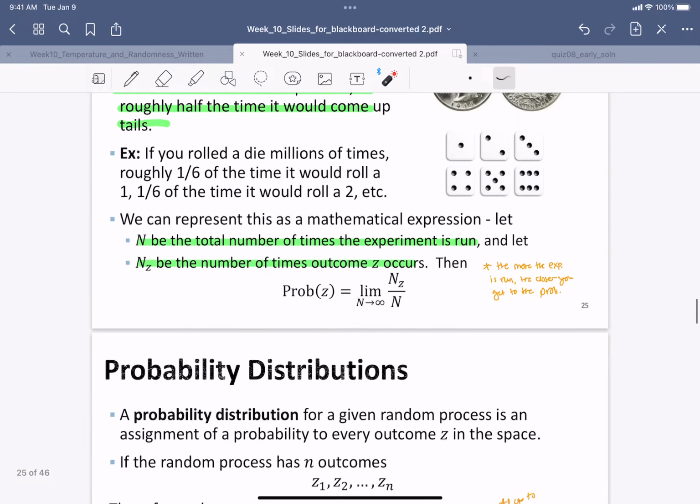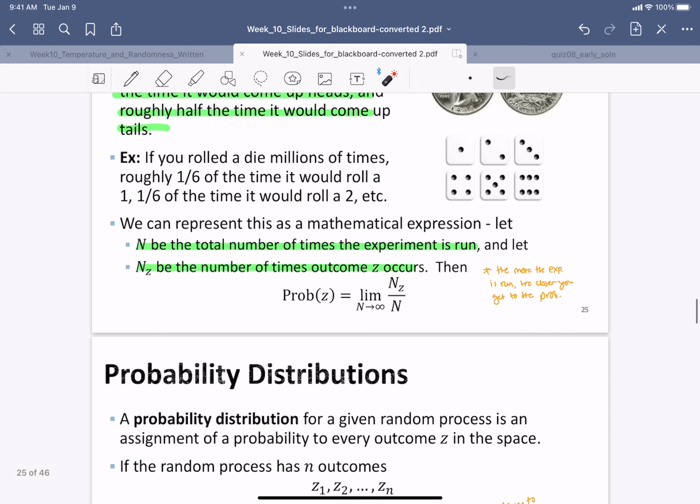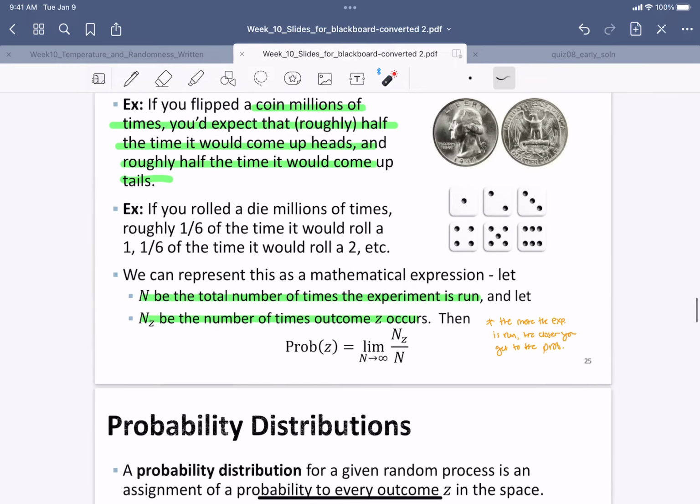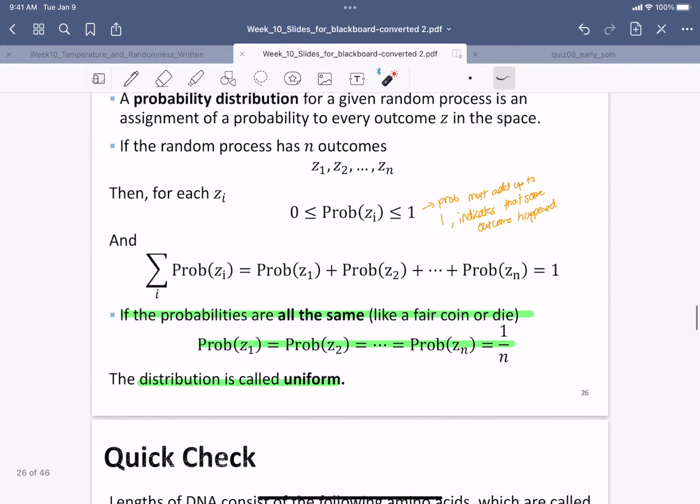And then this is kind of like a calculus representation of this, where as you approach a lot of outcomes, the total number of times the experiment is run, and NZ is the number of outcomes that are favorable that you're looking for. So if I run a bunch of experiments of flipping a coin, roughly over time, I will get a probability of 1/2 for getting heads or getting tails.